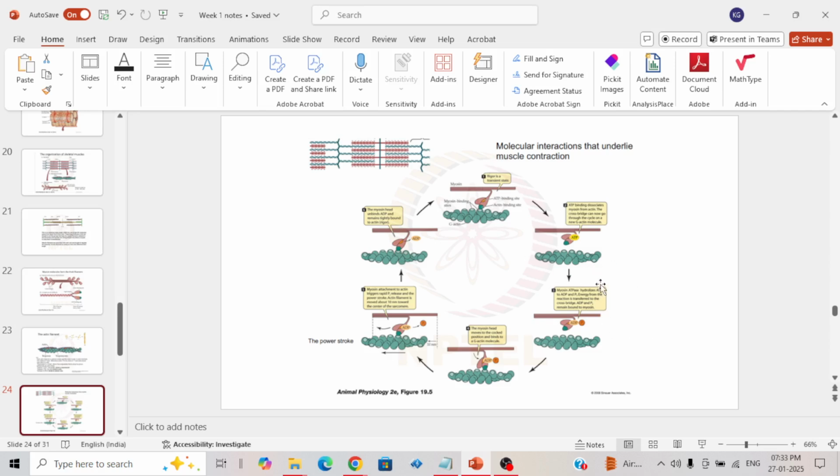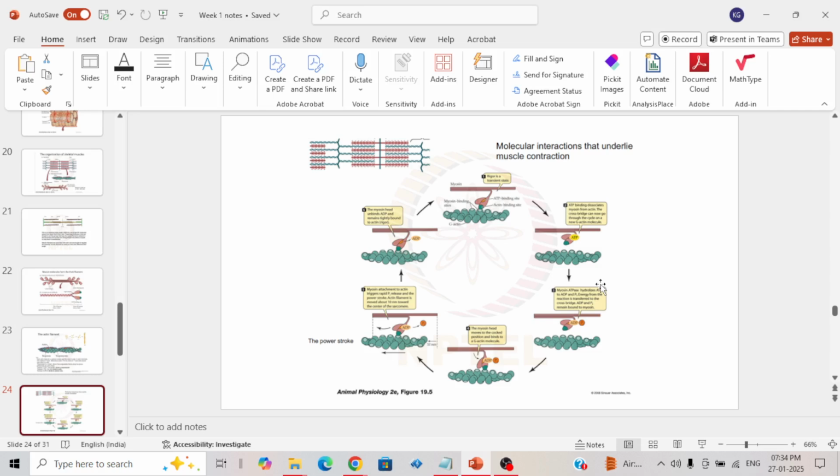You guys already know that the myosin head has an ATP binding site. So when this ATP comes and binds to this ATP binding site on the myosin head, till then the myosin is detached from actin. It is not attached to actin. Now, near the ATP binding site, there is an enzyme, an ATPase.